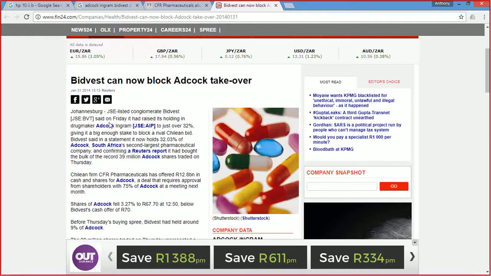It can get quite ugly, because here in this article, Bidvest blocked Adcock takeover. They actually blocked the Chilean bid. That company from Chile wanted to buy the company, and I don't know how they did it; we'd have to read more to find out the details, but it was blocked.